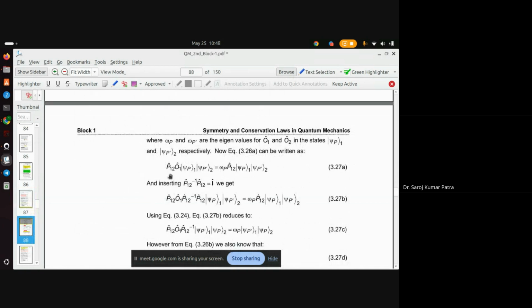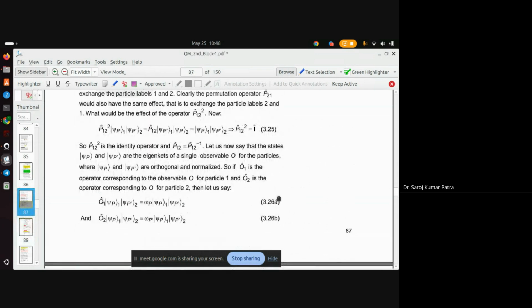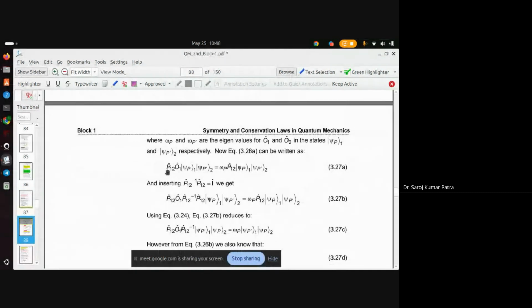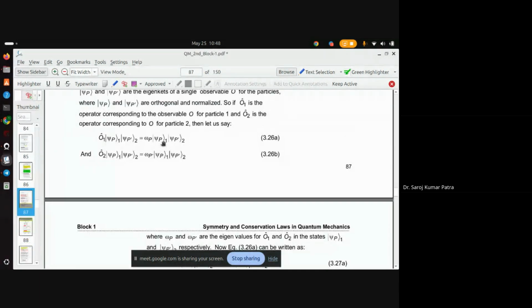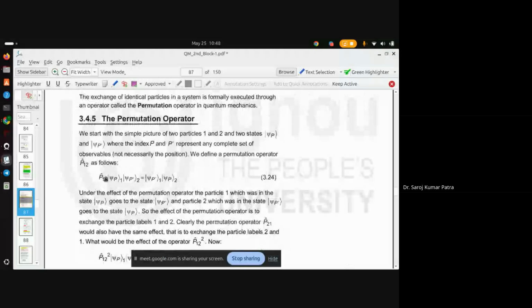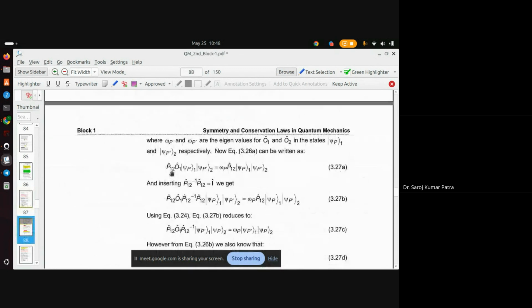if I operate P12 on the first equation, 3.26a, if I operate the P12 operator on both sides, what will it be? Earlier we defined that P12 acting on psi p1 psi p prime 2 will flip it. So here, P12 O1 operating on this one, what will it do?